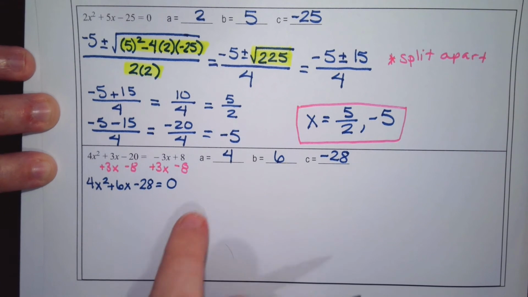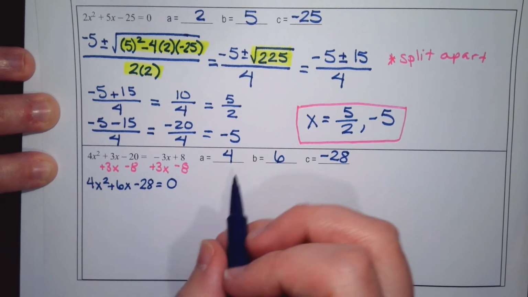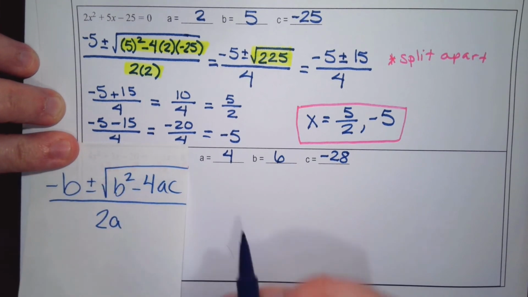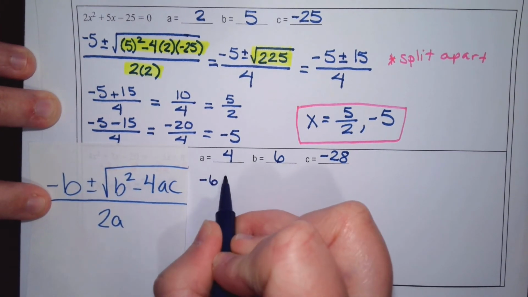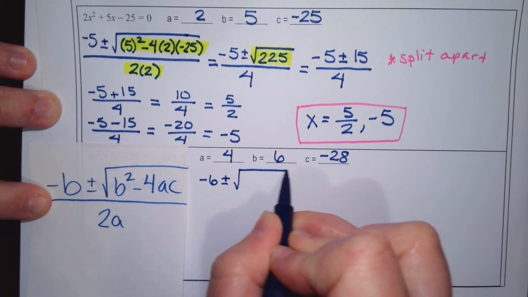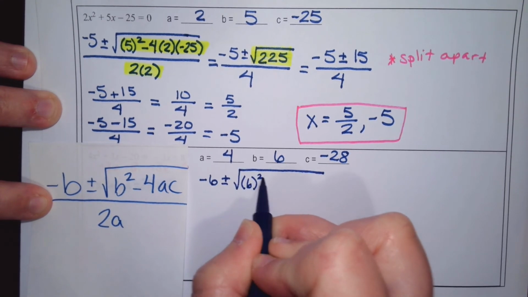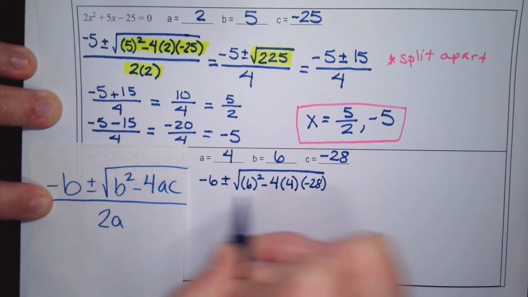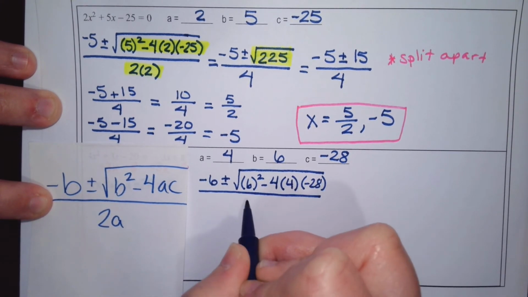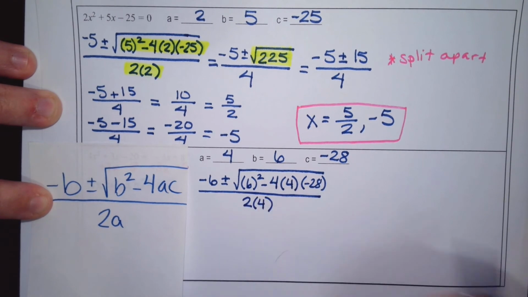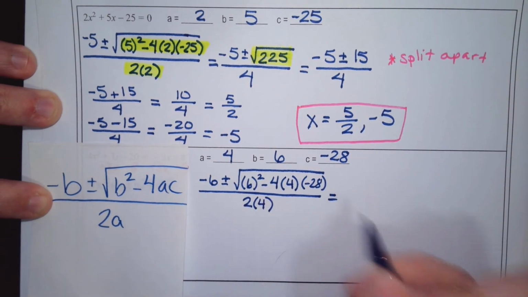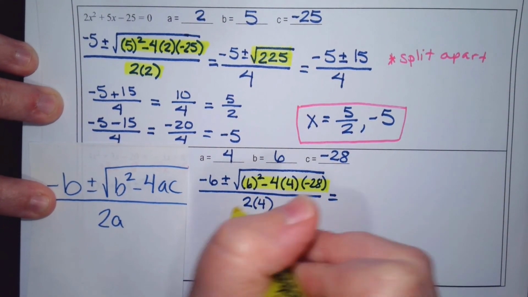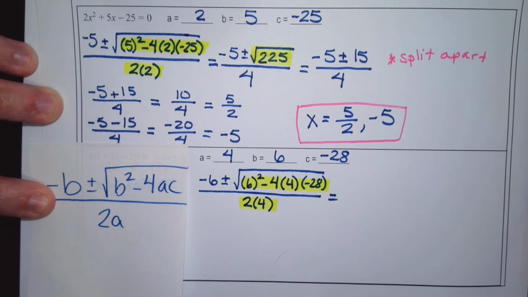So now we are going to plug into our quadratic formula. So negative 6 plus or minus the square root of 6 squared minus 4 times negative 28, all over 2 times 4. Again, simplify everything underneath the square root and the bottom number.